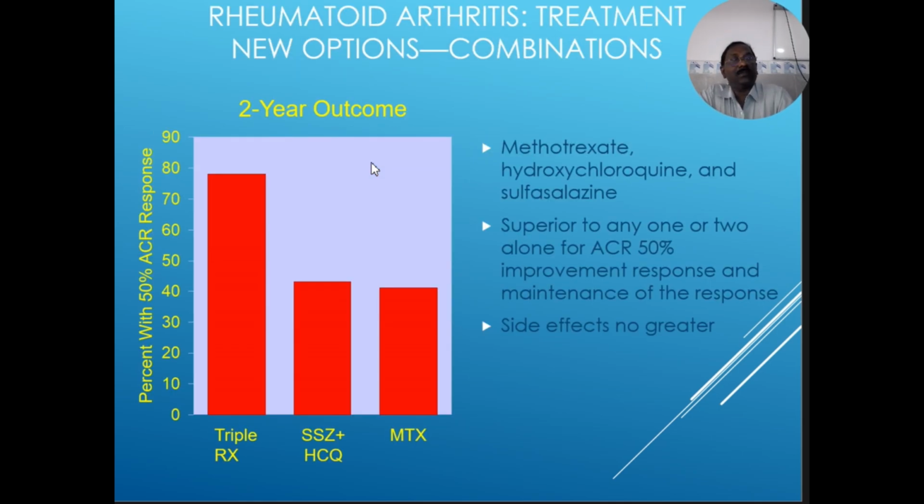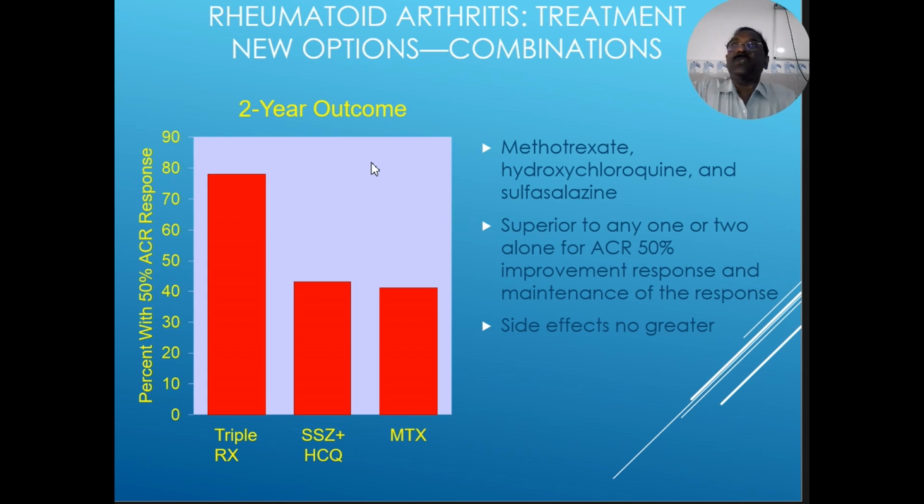So the triple drugs, first one; the second one is the sulfasalazine and hydroxychloroquine, two drugs therapy; and the third one is the monotherapy, methotrexate. See the percentage with the 50% ACR response. So which one is having the more response? Nearly 80% response with triple therapy.